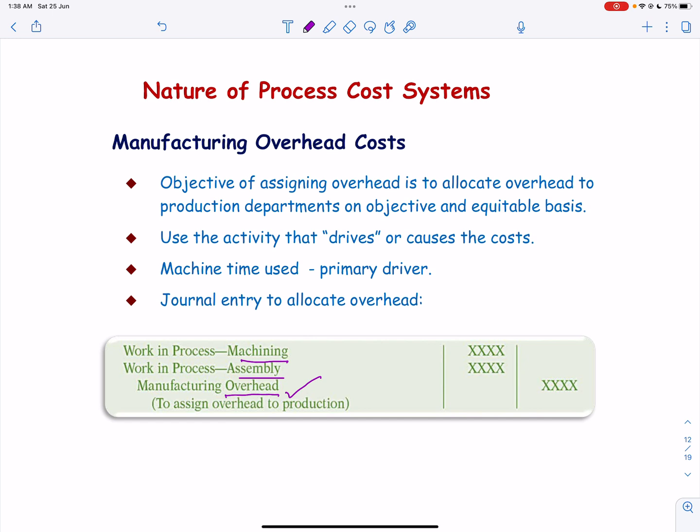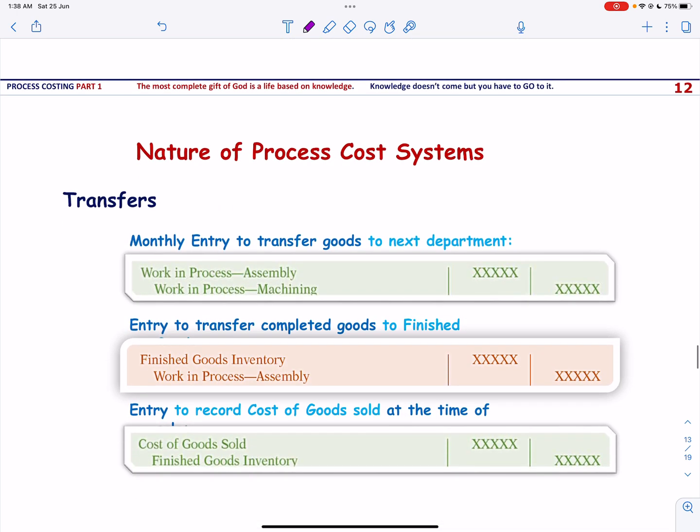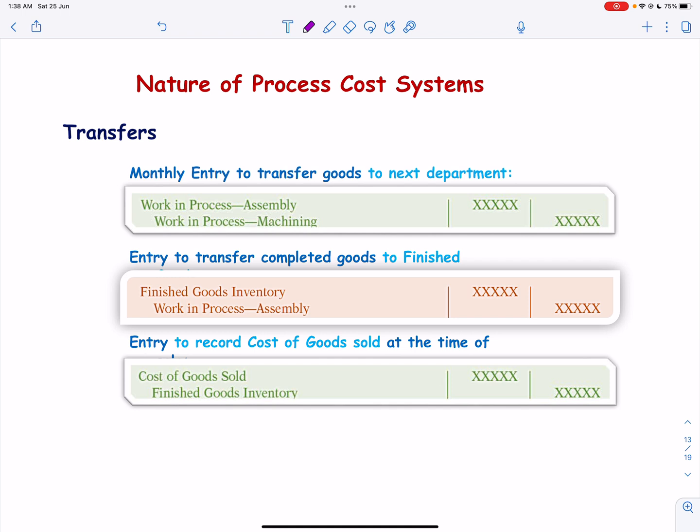In the next slide, we will see how to record the cost of the goods transferred from one process to another. Suppose the manufacturing process involves only two processes, machining and assembly. So the general entry when goods are transferred from machining to assembly will be work in process assembly is debited and work in process machining is credited.